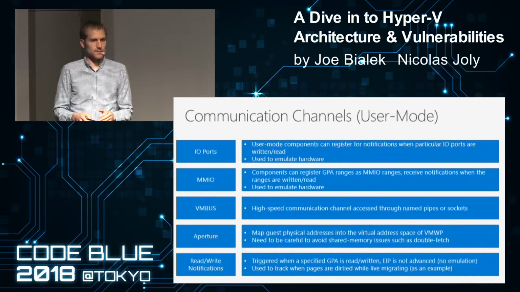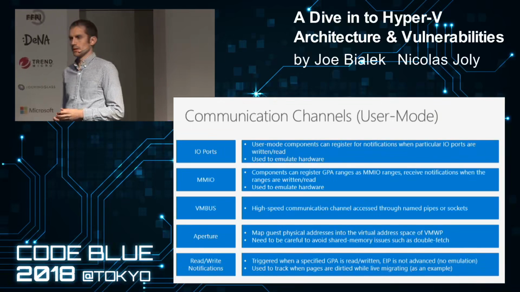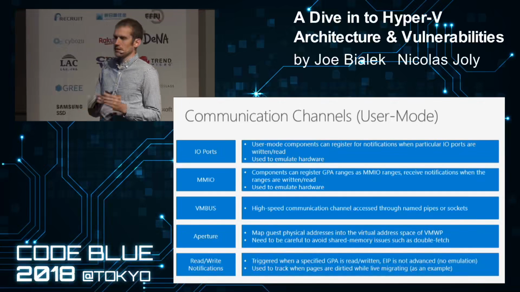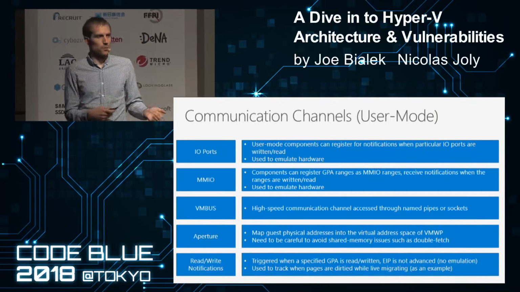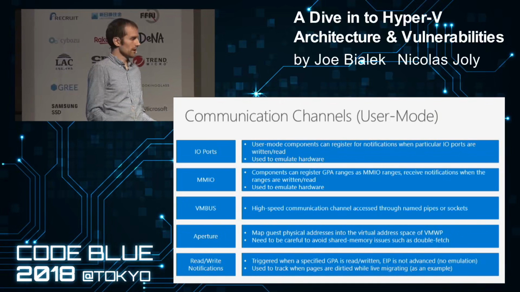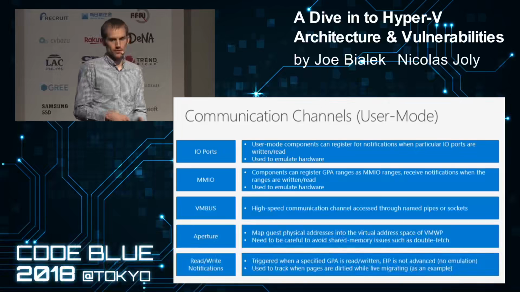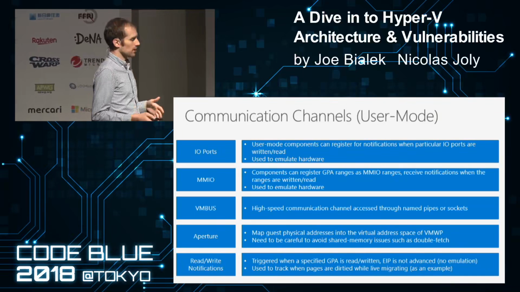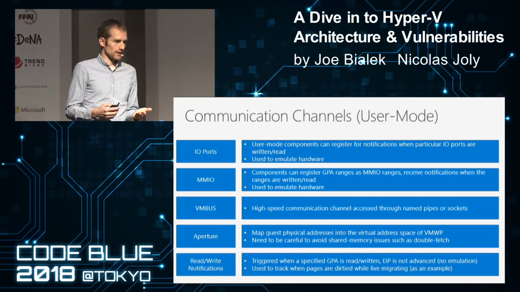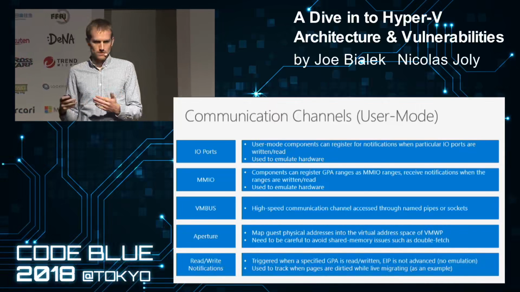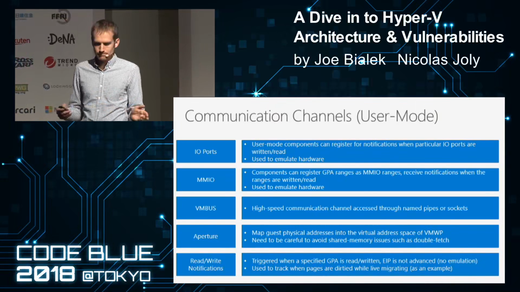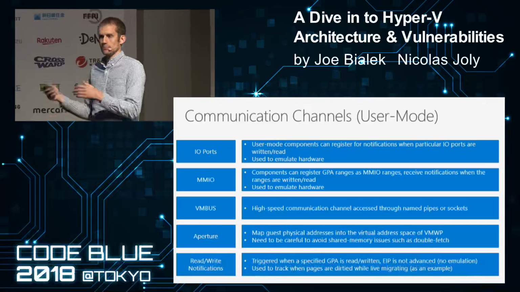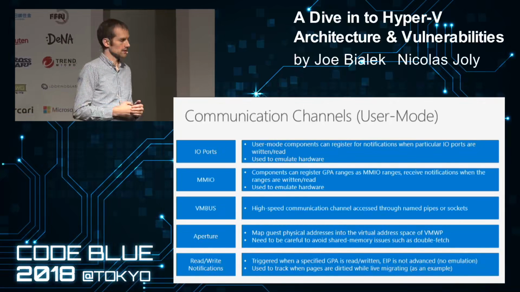And finally, let's talk about how you communicate with the user mode components. User mode has the most communication channels available to it because it's where all the emulation happens. So we have I/O port emulation. If you do an I/O port read or write, you can end up triggering code in a virtual device that's going to emulate that. Same thing for MMIO. Various virtual devices will register MMIO ranges that they want to receive intercepts for. And if you read or write to that physical address, then you will end up triggering some code path in one of these virtual devices.